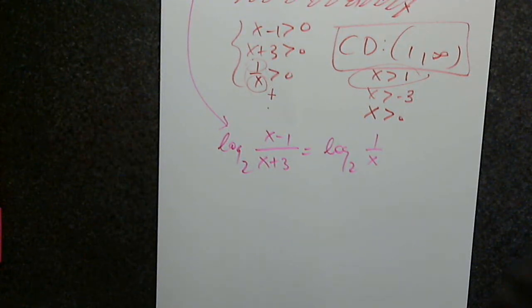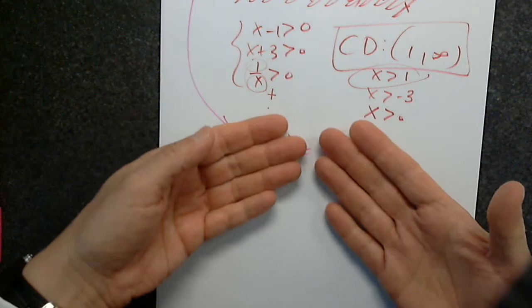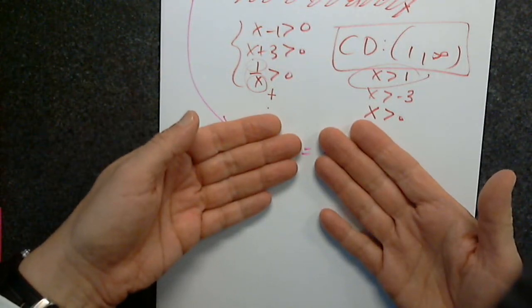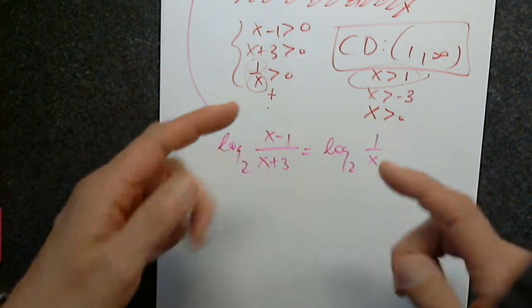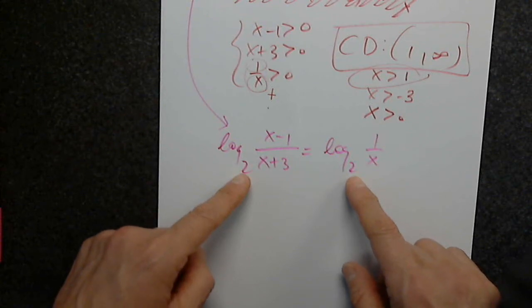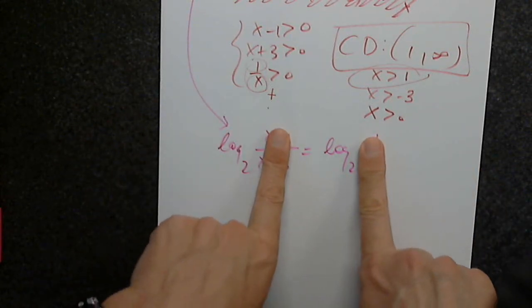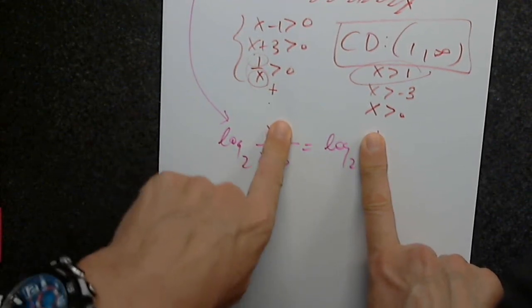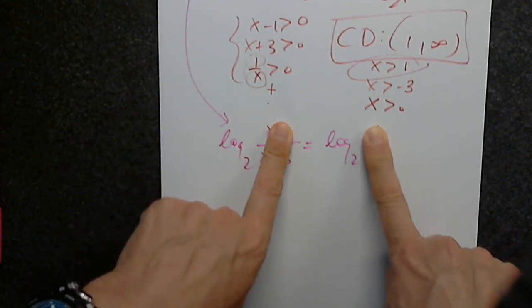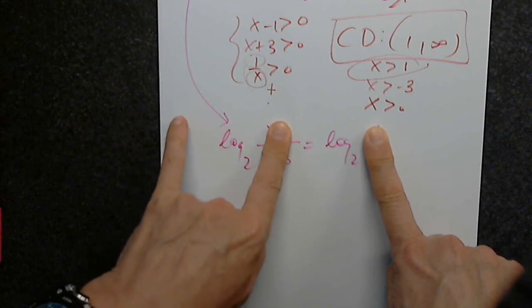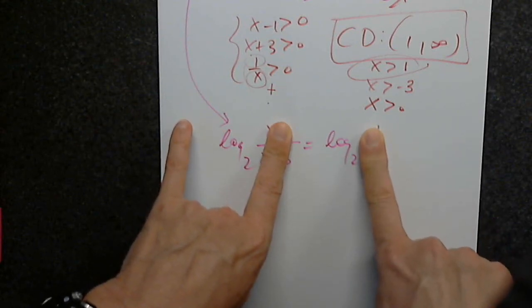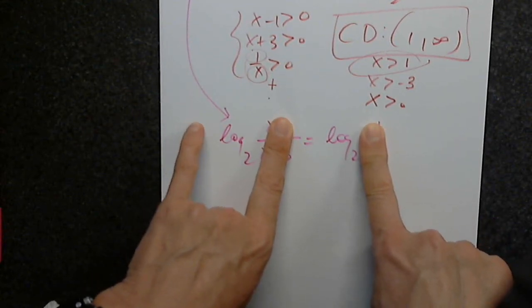So we are thinking right now. 2 logs are equal, and they have the same base. What has to happen to these numbers? Can this one be 15 and this one 29? No, because log base 2 of 15 will never equal log base 2 of 29. So then what has to happen?